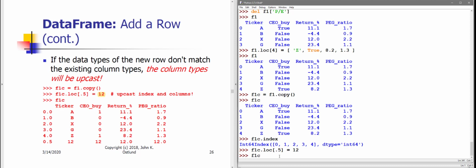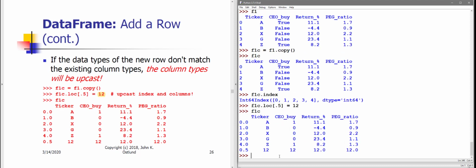So here's F1C now. All right, and instead of having true and false for my CEO buying, I now have ones and zeros with a 12 at the bottom, and this is a problem.